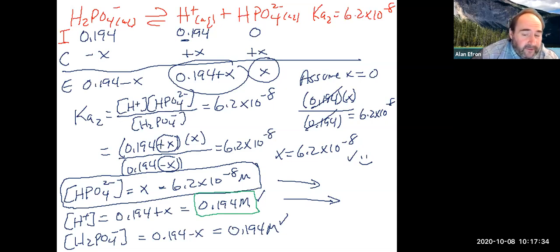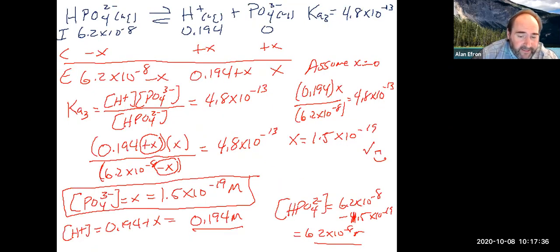When the third hydrogen came off, we ended up with a concentration of H plus of 0.194 molar. It really didn't change. In reality, it did change. For example, here on the third one, it changed by 1.5 times 10 to the minus 19. That's like 18 zeros and a 1. So ultimately, not very much came off at all.